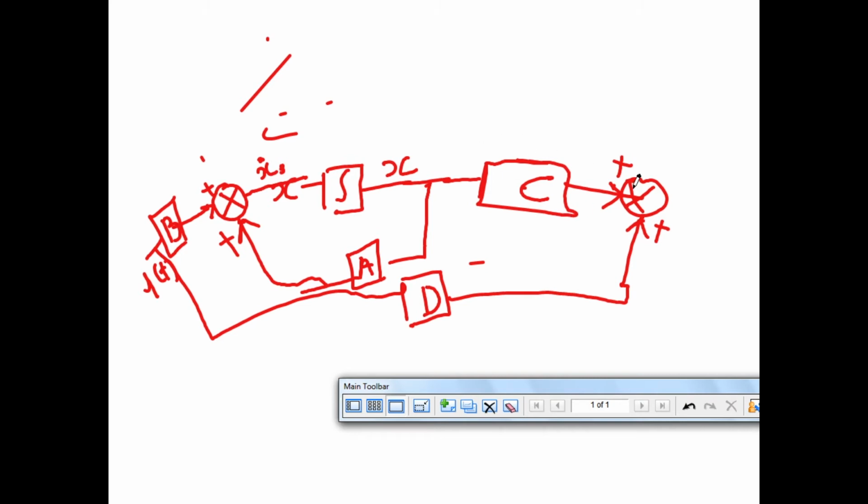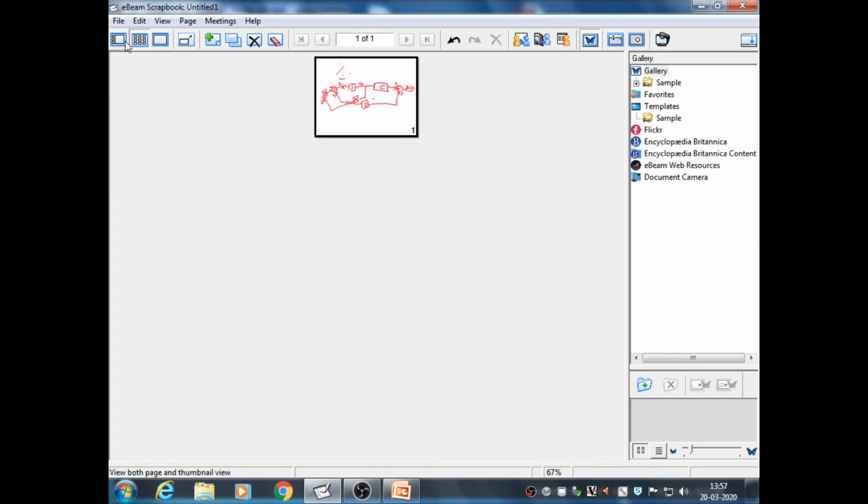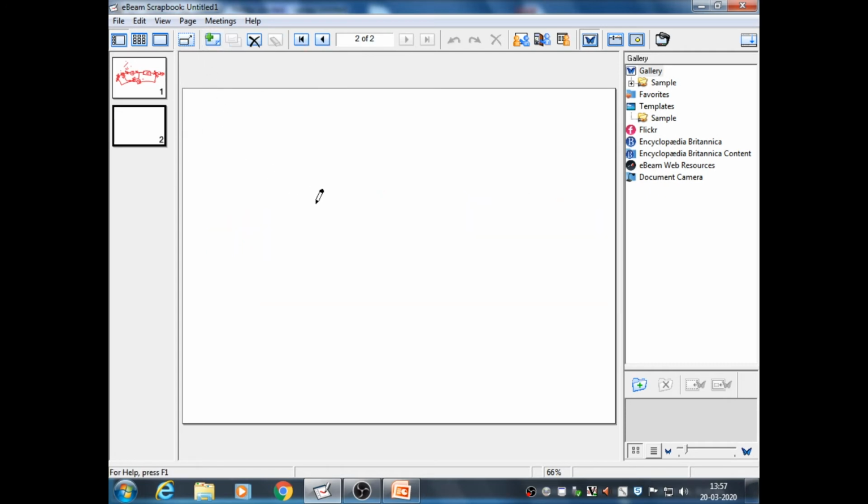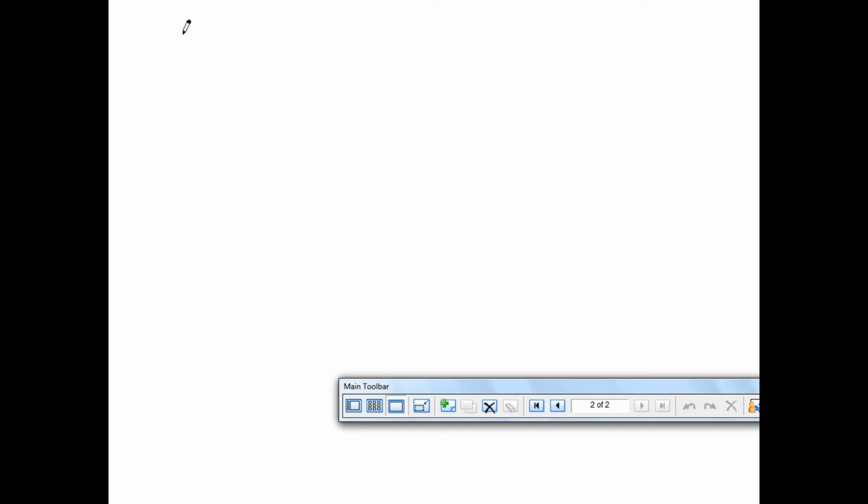At the output side we get y of t. I am just redrawing it for you because it looks a bit different. There will be u of t, multiplied with a block b, and there will be an integrator block.